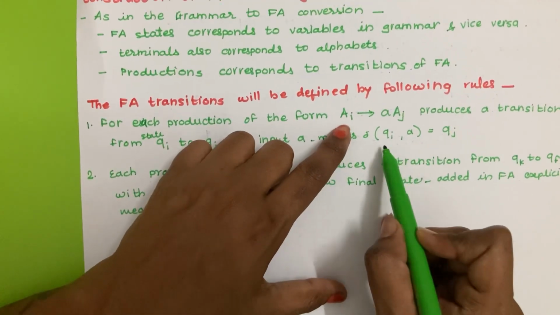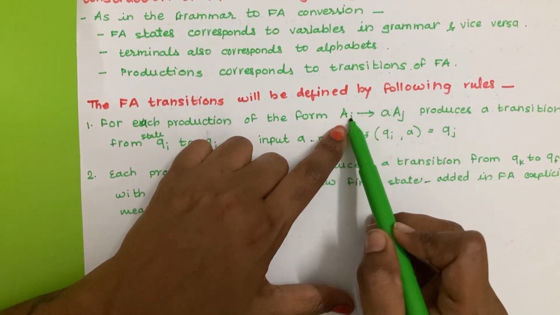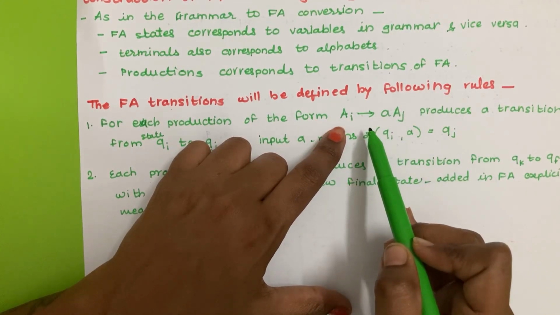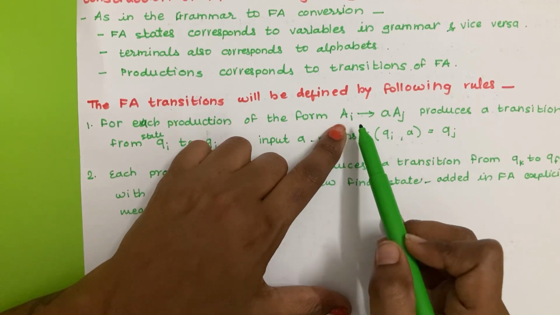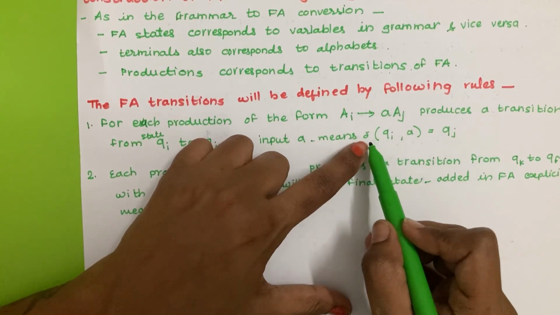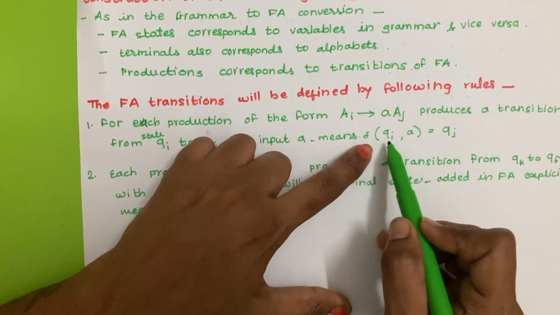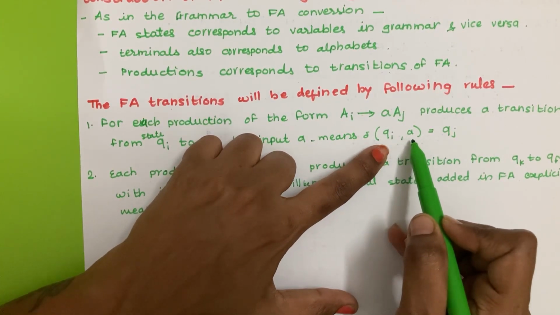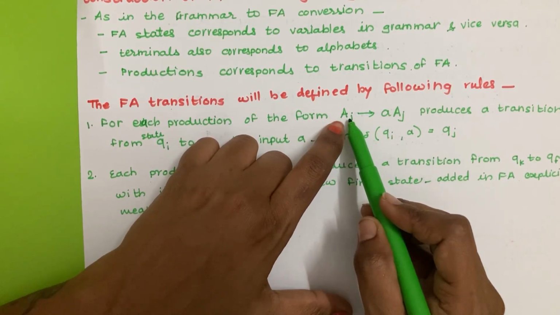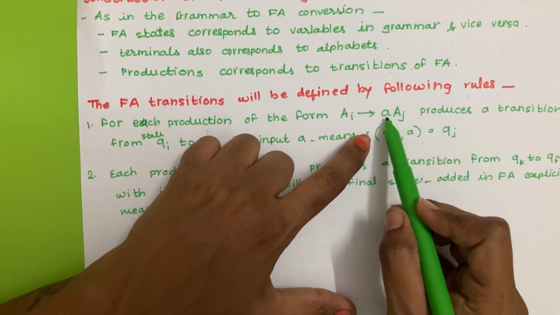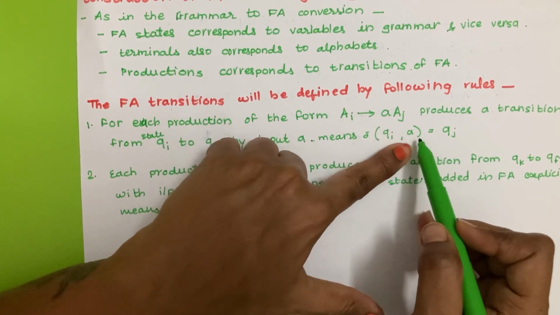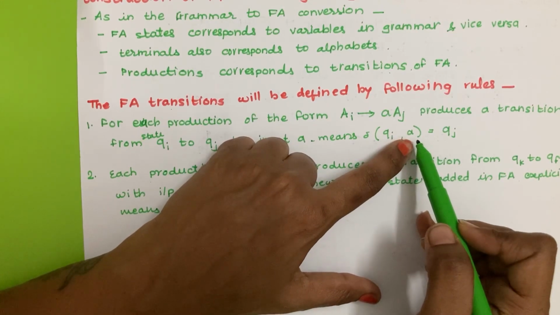Here, Ai tends to small a Aj is the production taken from the given CFG. Then we have to convert it into a transition, which will be written like delta of qi comma a. Here qi will be the state that corresponds to variable Ai, and small a is a terminal in the grammar that will be considered as the input symbol in the case of finite automata.